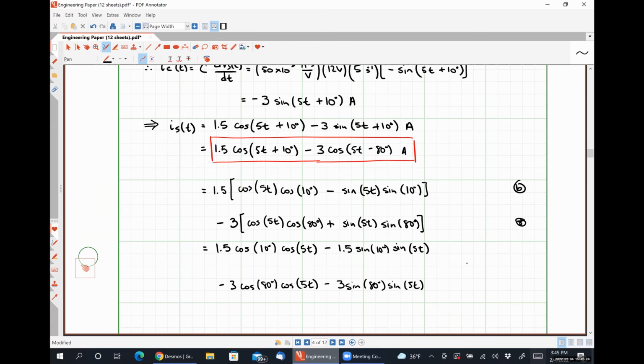I can do 1.5 times cosine of 10 degrees in my calculator, right? So 1.5 cosine of 10, I'm going to store this as variable X. I'm going to do this in blue.